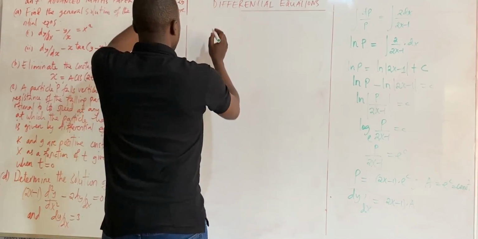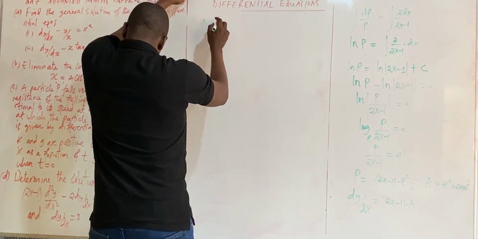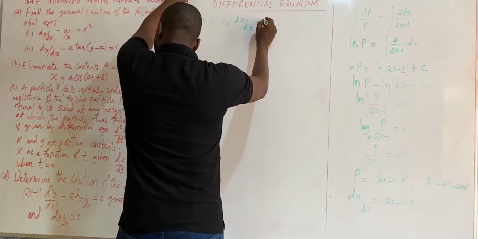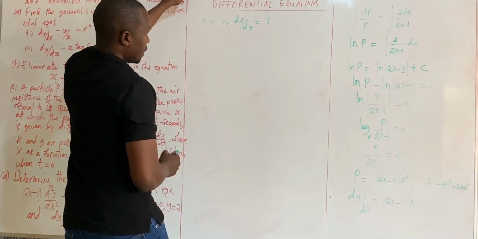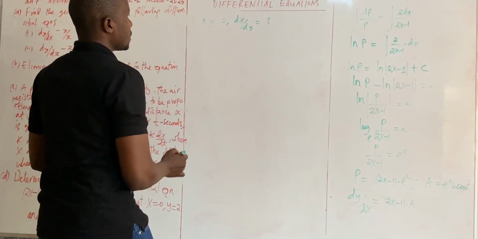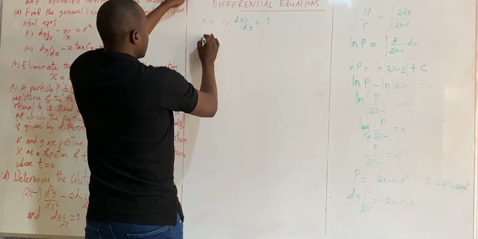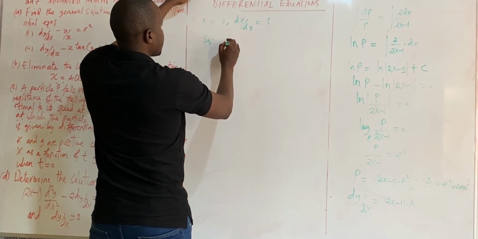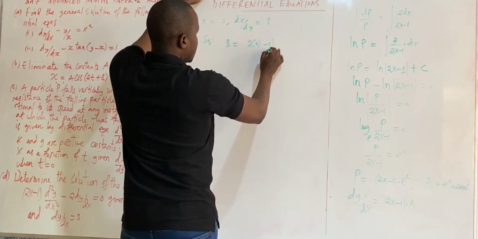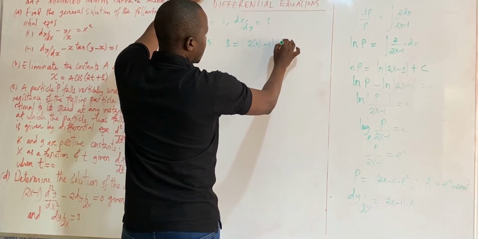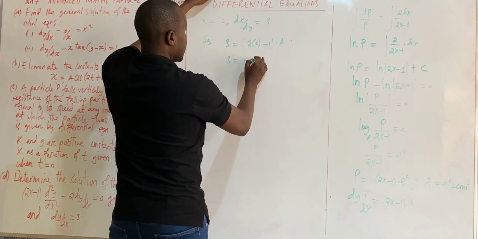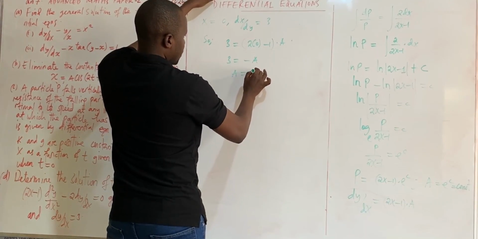So we can say the value of x equals to 0, whereby dy/dx was 3. The reason here is to get the value of a, where we say a is a constant. So now this becomes 3 equals to 2 times 0 minus 1 times the value of a. So from there, it will be 3 equals to negative a. So a equals to negative 3.